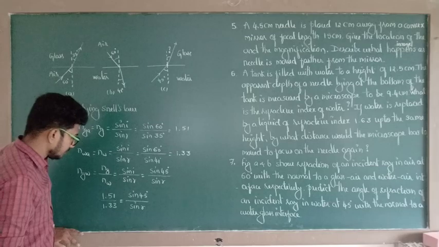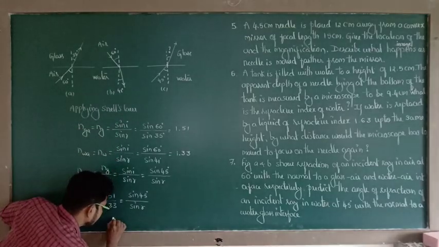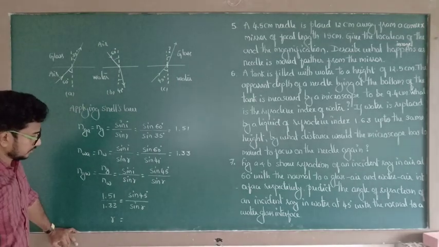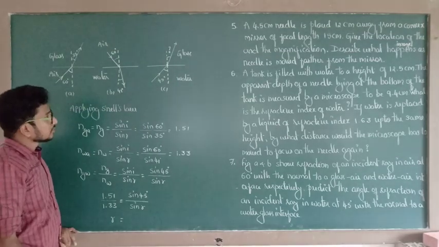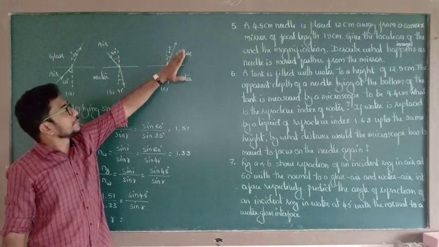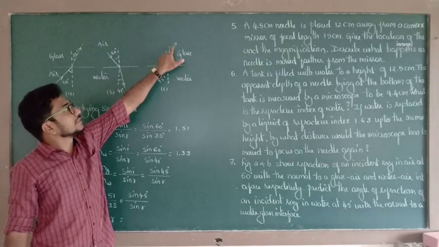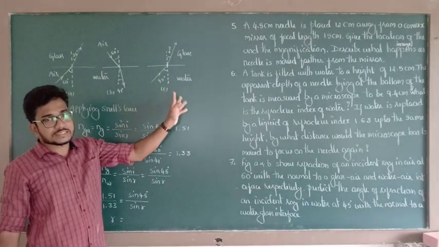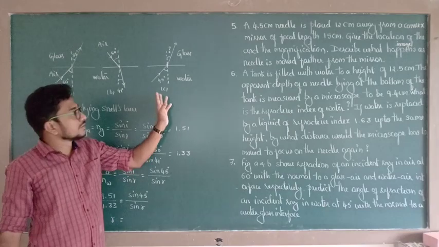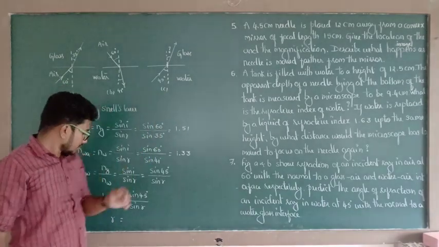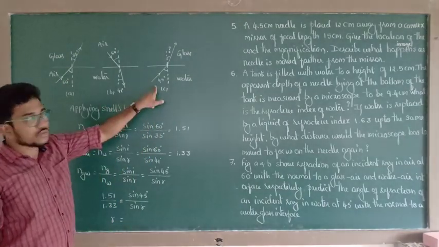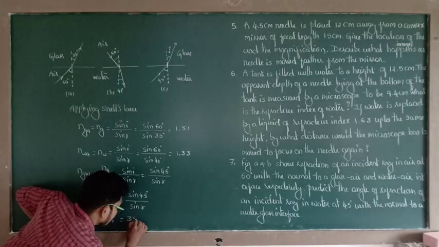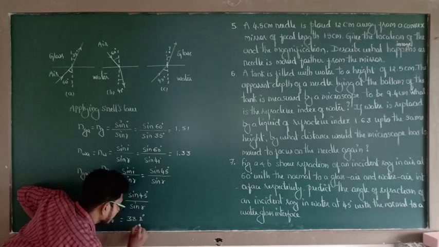Here, from water to glass, the ray bends towards the normal, meaning this angle is less than 45 degrees. Like this we can guess the answer before our calculation: this value is approximately less than 45 degrees. So here you will get 38.2 degrees.